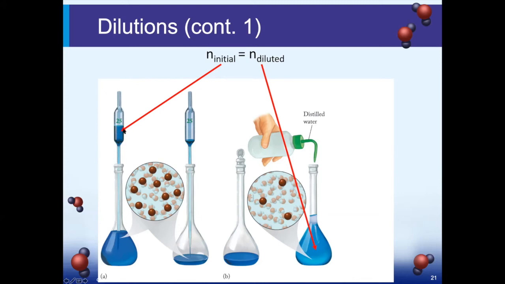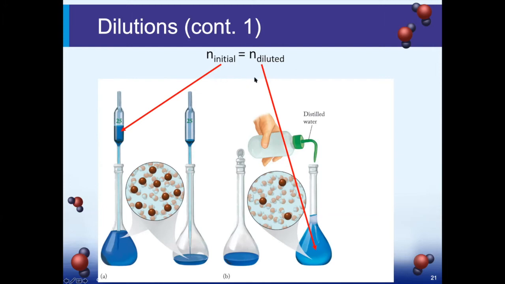I start with a certain number of moles from the stock solution, put it in a new flask, and add some more water to dilute it to a new, larger volume. It started with 25 mils with a certain number of moles of solute, but then I diluted it up to a new, larger volume. So it's the same amount of solute, just a larger amount of solvent.